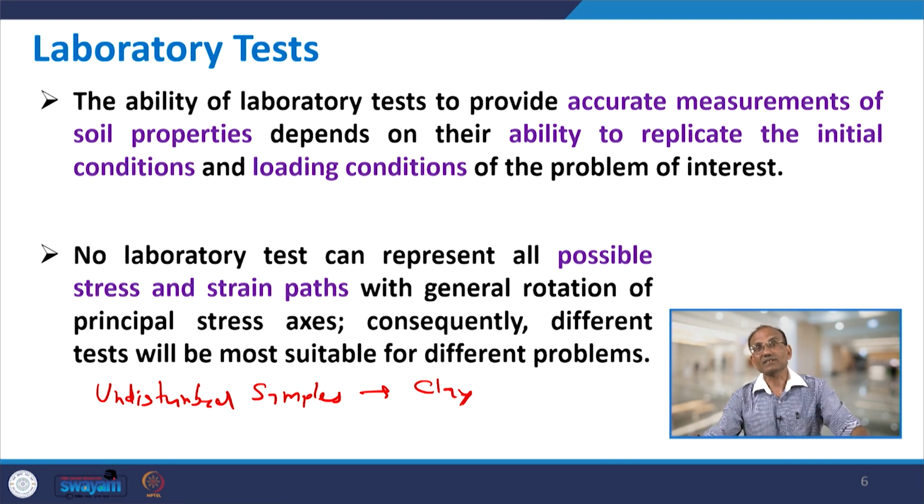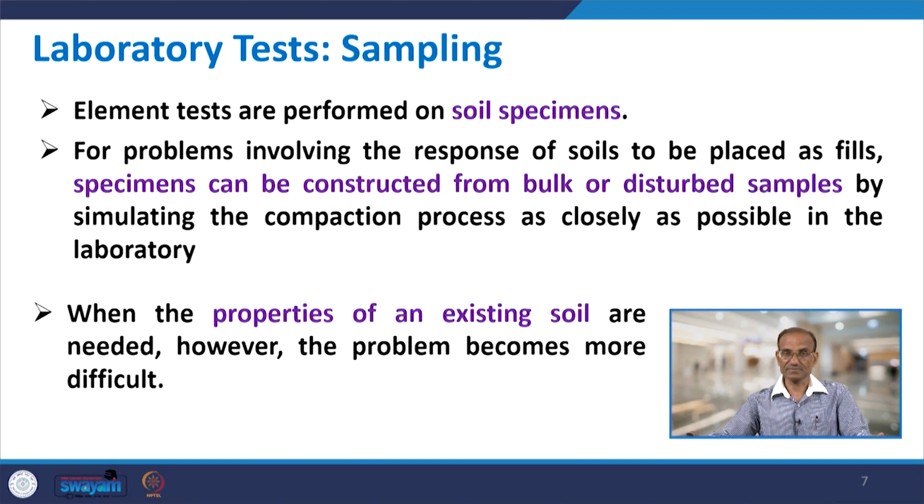As a result, rather than conducting only one test in the lab, for different properties we need to conduct different tests. To conduct the test in the laboratory, first you need to carry out what we call the sampling, and element tests are performed on soil specimens, and these specimens are representative of the larger body.